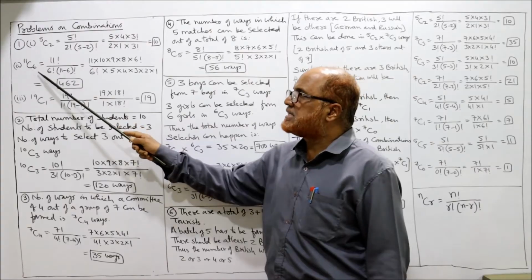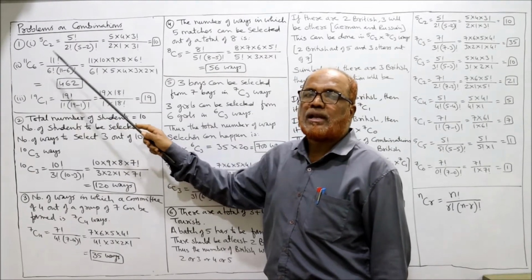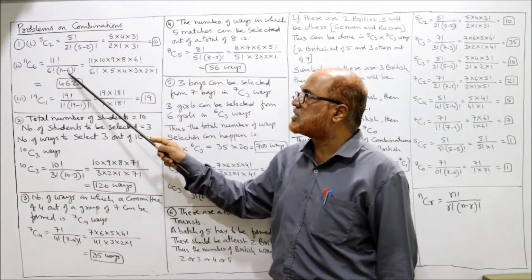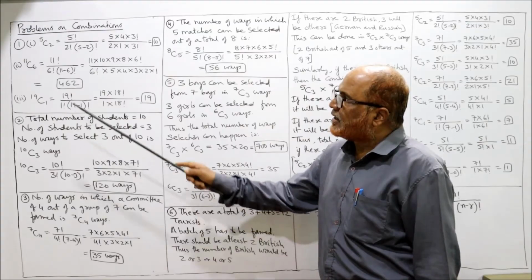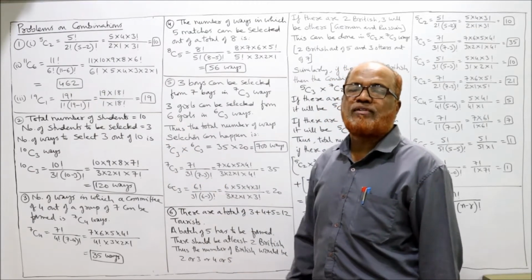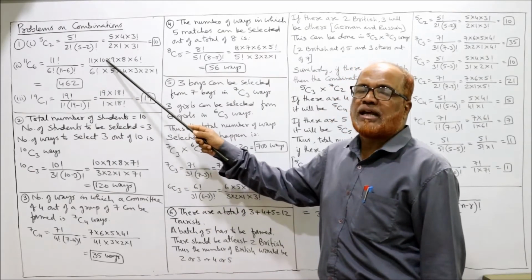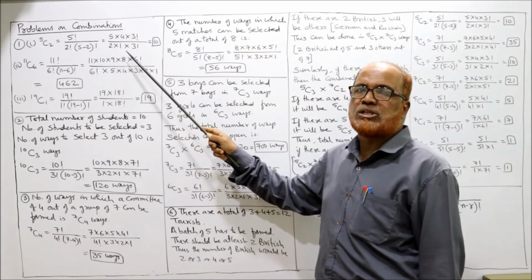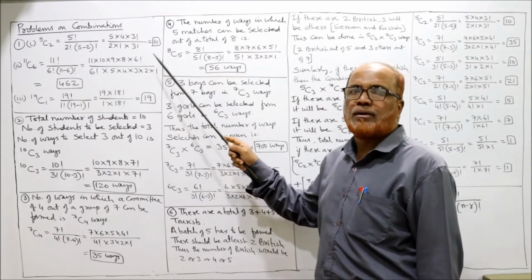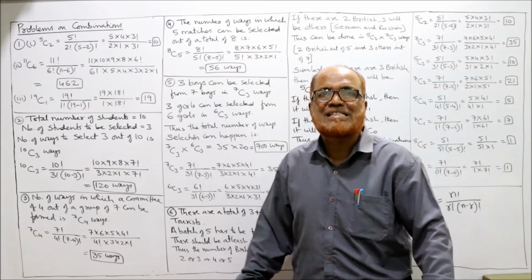Similarly, 11C6. N is 11, r is 6. So 11 factorial divided by 6 factorial into 11 minus 6 factorial. Now see here, in the denominator we have 6 factorial. So in the numerator also we will stop at 6 factorial. So 11 into 10 into 9 into 8 into 7 into 6 factorial. Beyond 6 I am not moving, because in the denominator also we have 6 factorial, so we can cancel it.